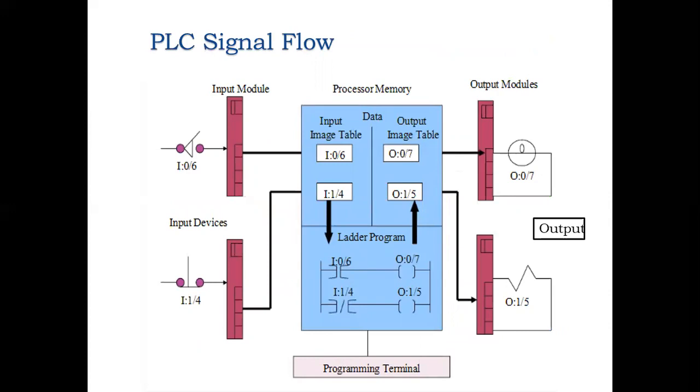Signal flow of PLC: input device, input module, then processing memory, then ladder program, that is the programming unit. It gets the input, sends the input to the processor and gets the output from the processor. That is the programming terminal concept. Then we have output modules.